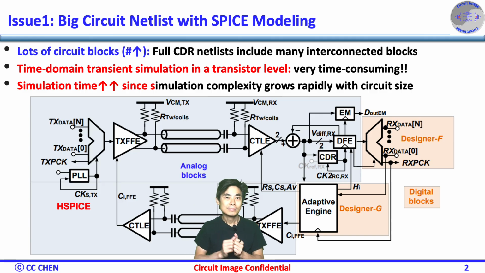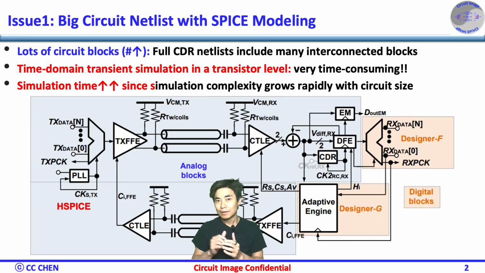Now, here's the issue. SPICE is time domain and works at transistor level. It has to compute every voltage and current at every node for every time step. So as the netlist grows, simulation time increases rapidly, often non-linearly.